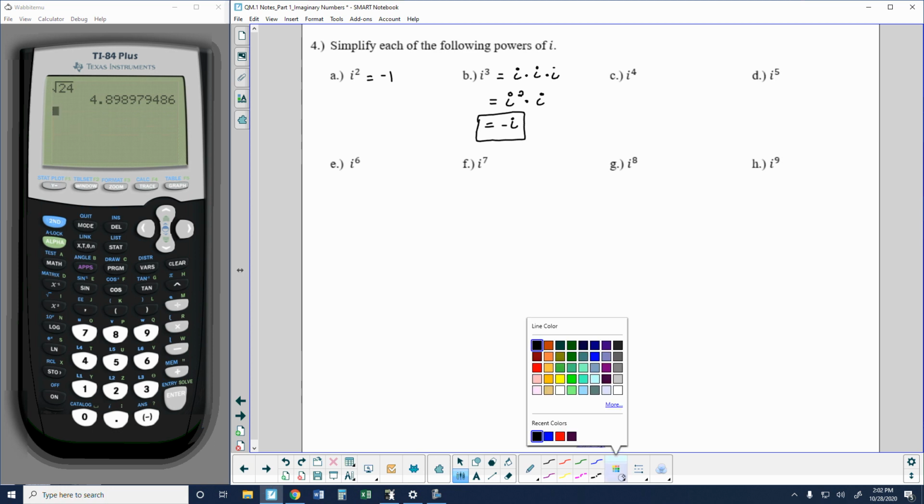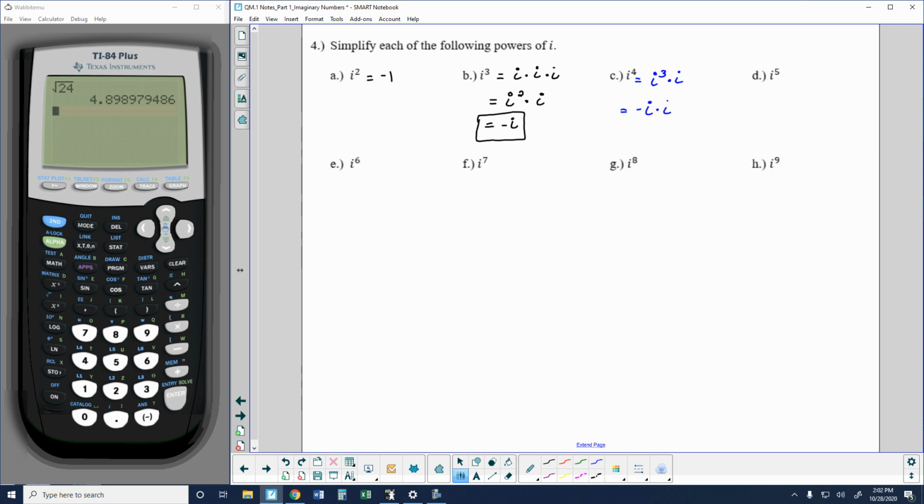i to the fourth power. i to the fourth power can be broken down. It could be broken down into 4 i's, or I'm going to go ahead and break it down into i cubed times i. Why i cubed times i? Well, we know what i cubed is. i cubed is -i times i.